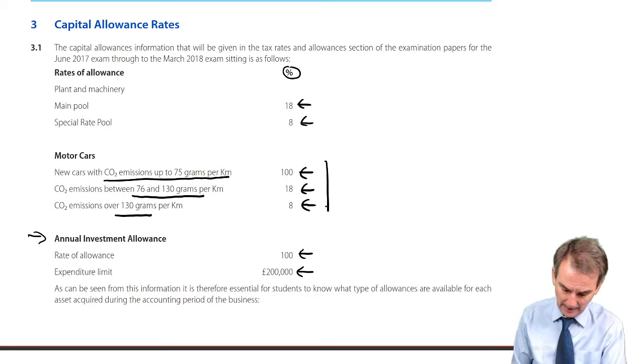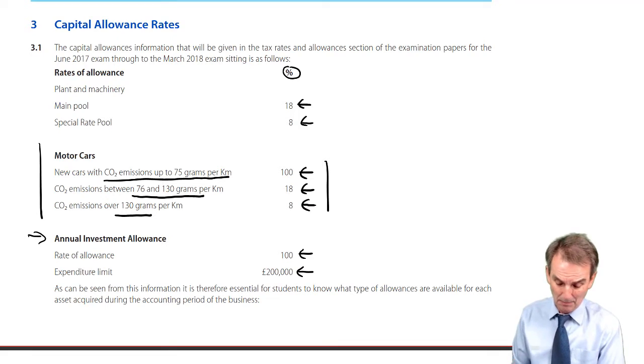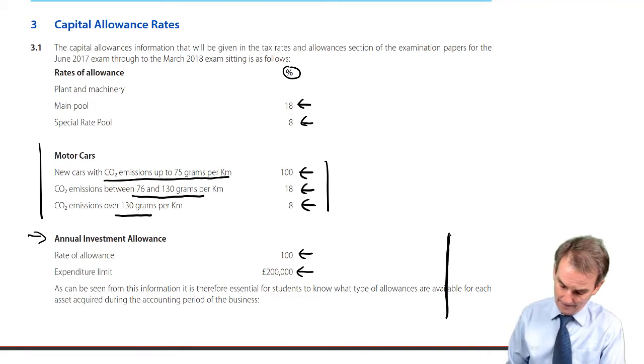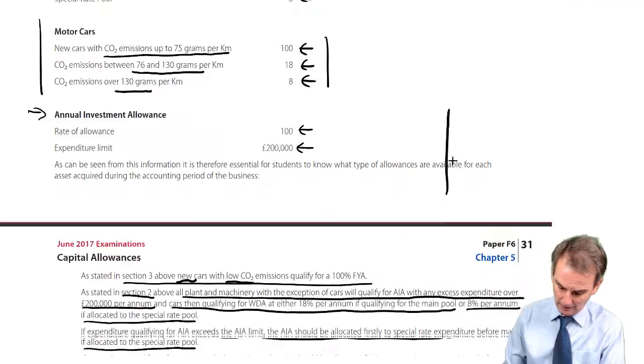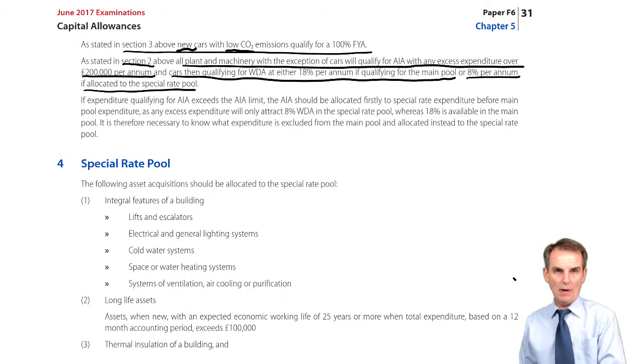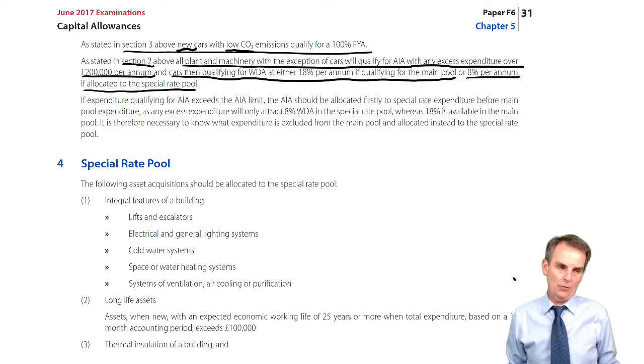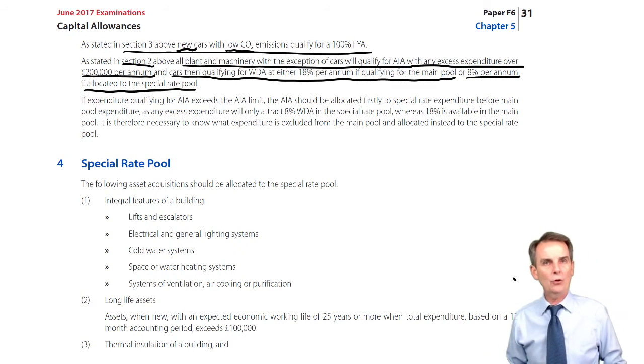We've got each of the levels of CO2 emissions and the specified allowance. What we have been reminded of here is that expenditure that does not rank for AIA, because we've gone over the limit of 200,000, and cars other than first year allowance low emission cars, gets writing down allowance.